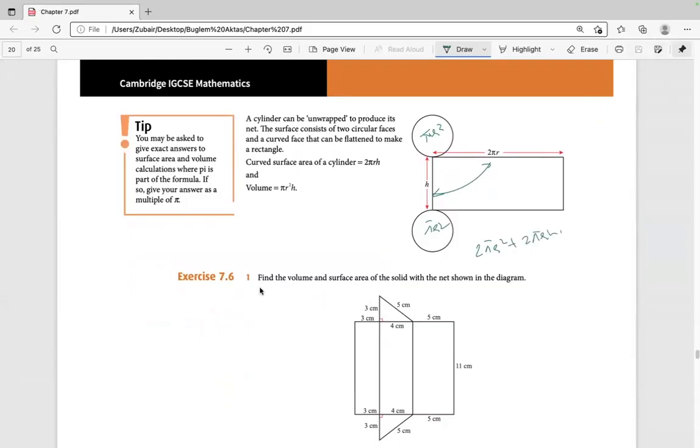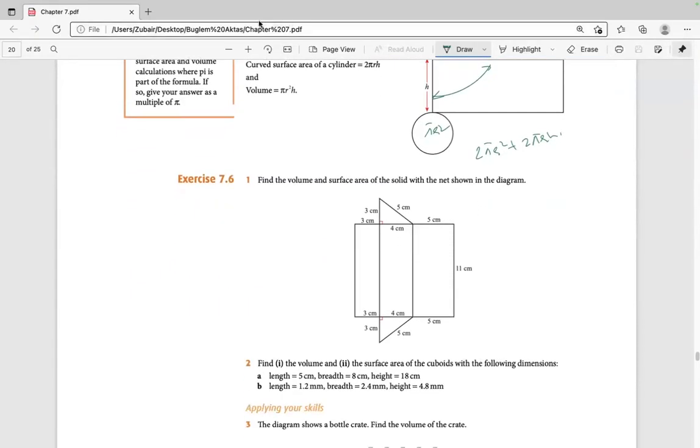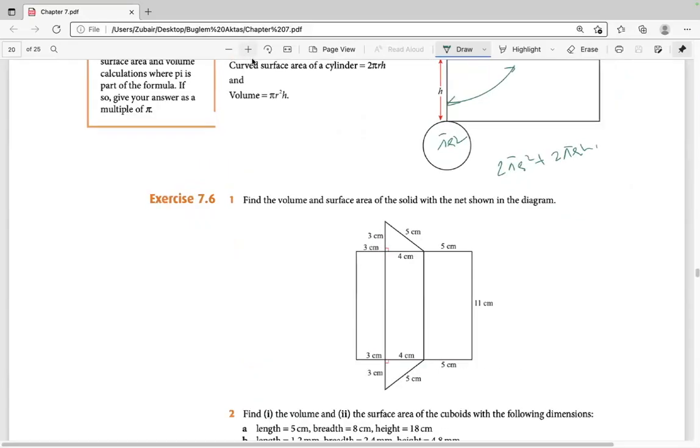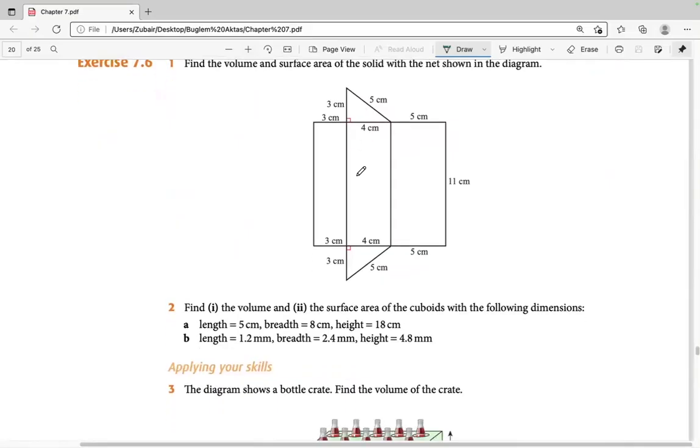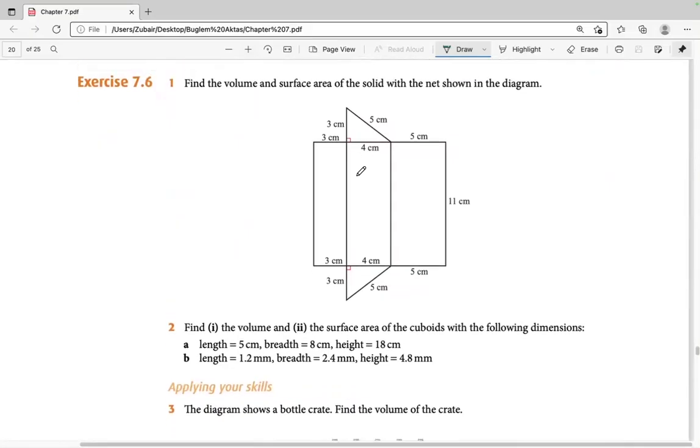Okay, find the volume and the surface area of the solid with nets shown in the diagram. Looking at question number 1, what would you do first, area or volume? I would do the surface area first, because I can just add them all together.